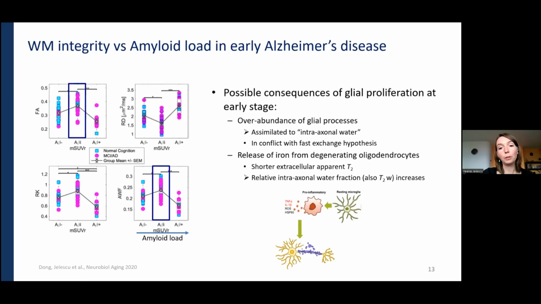Another hypothesis would be the release of iron from degenerating oligodendrocytes that would shorten the extracellular apparent T2 and thereby push artificially the relative intra-axonal water fraction, which is also of course always T2 weighted. So this is of course not yet settled, but it's remarkable to see these different patterns and stages of pathology that you can detect in the white matter changes.